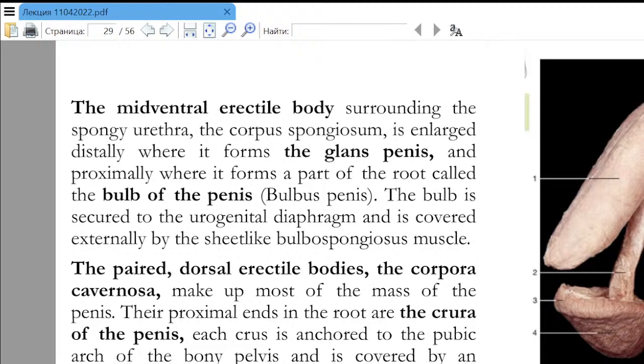The mid-ventral erectile body surrounds the spongy urethra.